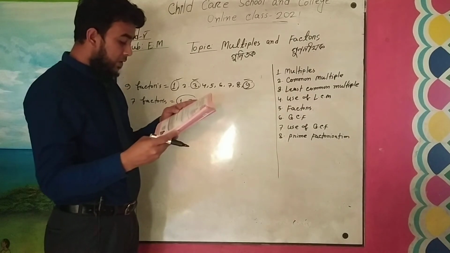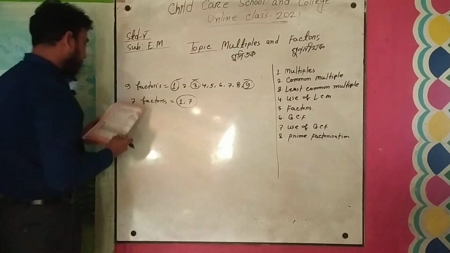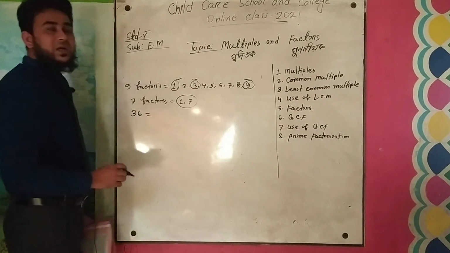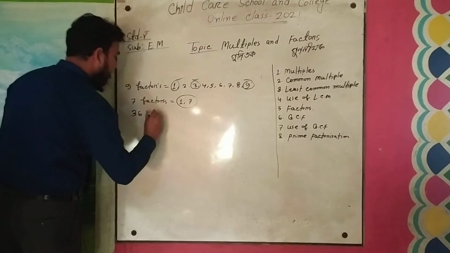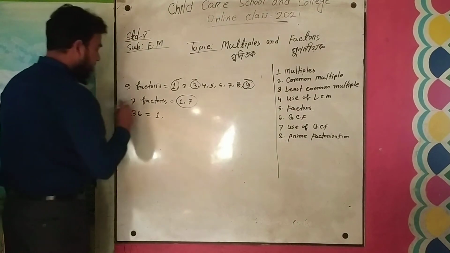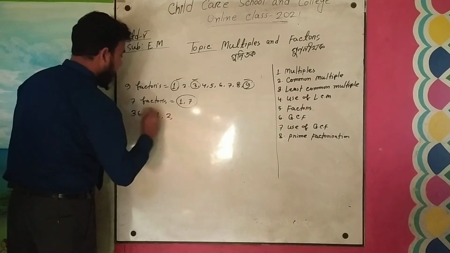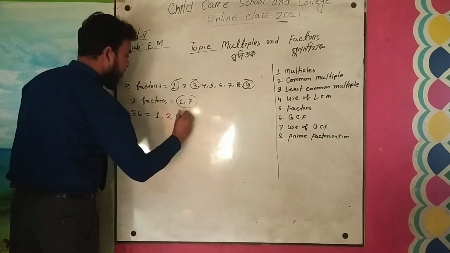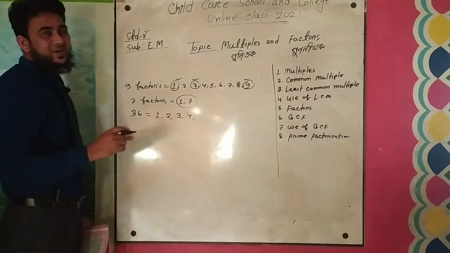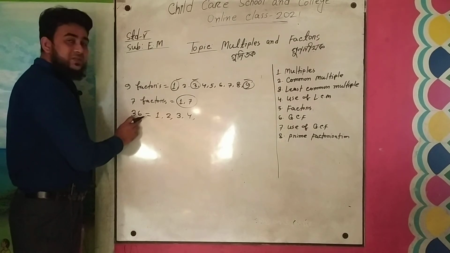Okay. Now we can practice another one. Suppose here 36. What are the factors of 36? You can divide 36 by 1. If you want to divide by 2, it will be possible. 3, possible. 4, possible. 5, this is not possible, because you know that if you divide a number by 5, its last digit must be 5 or 0.